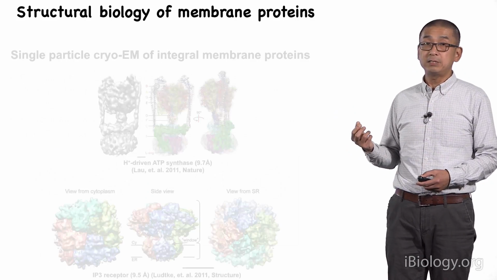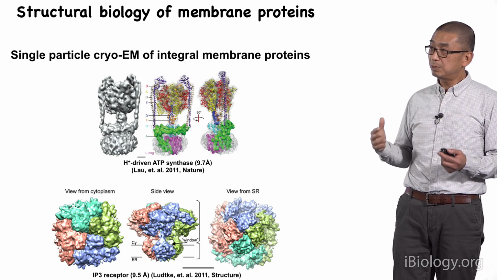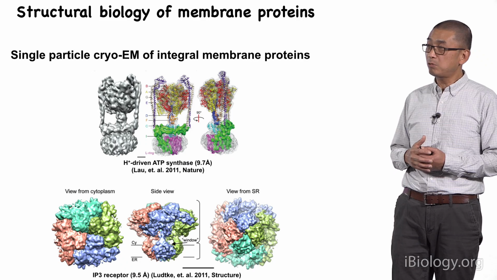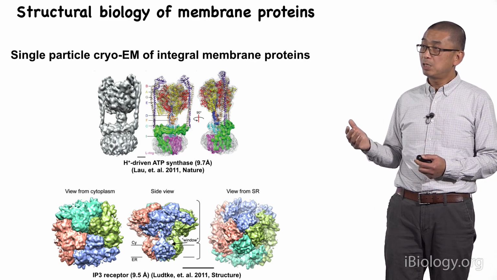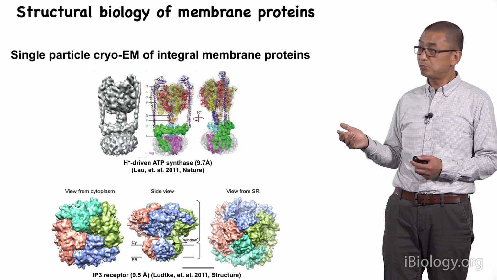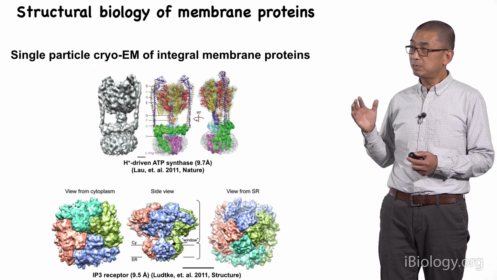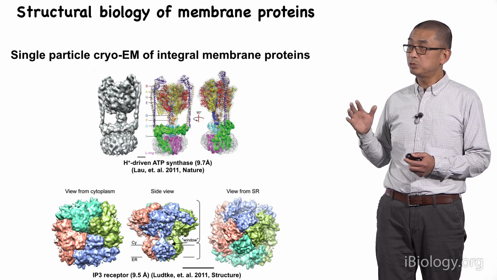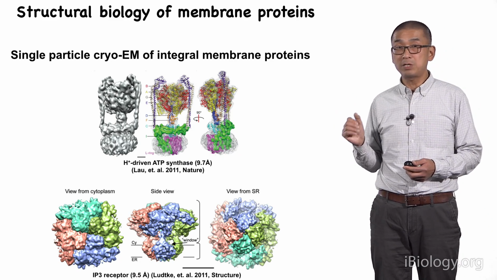Then around 2009, 2010, the best single particle cryo-EM structures of membrane proteins were these two structures: the proton-driven ATP synthase and the IP3 receptor, both at around nanometer resolution, just about resolving secondary structure features, particularly the transmembrane helices.